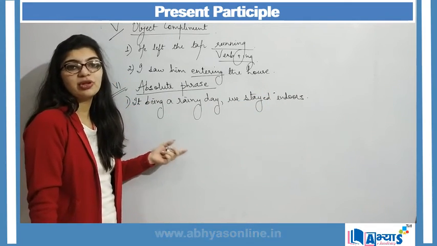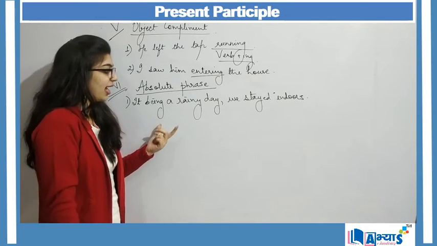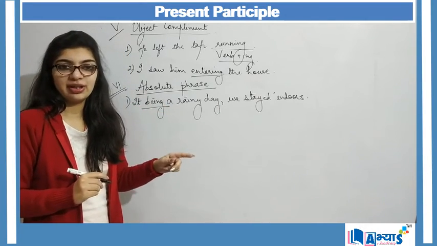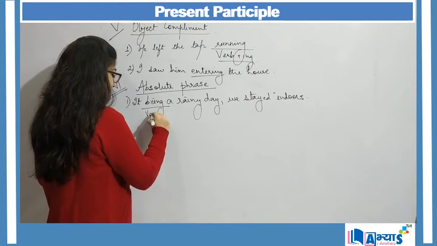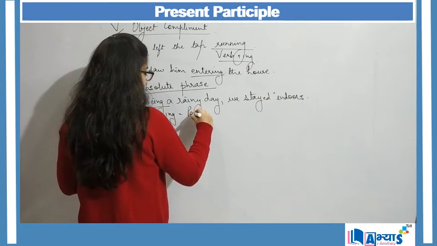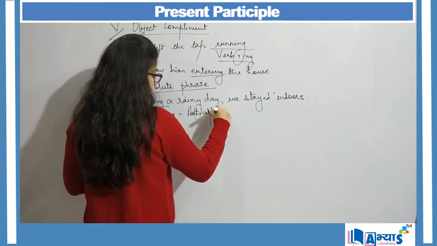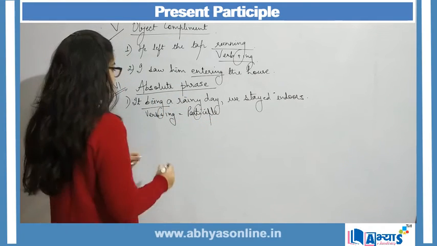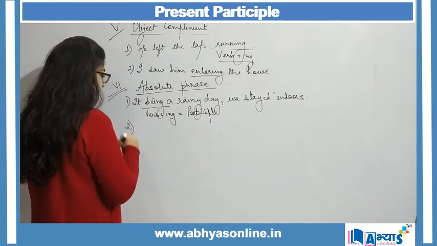This is an example of an absolute phrase, and being is be plus ing. So this is verb plus ing is equal to participle. So a participle is again acting as an absolute phrase.